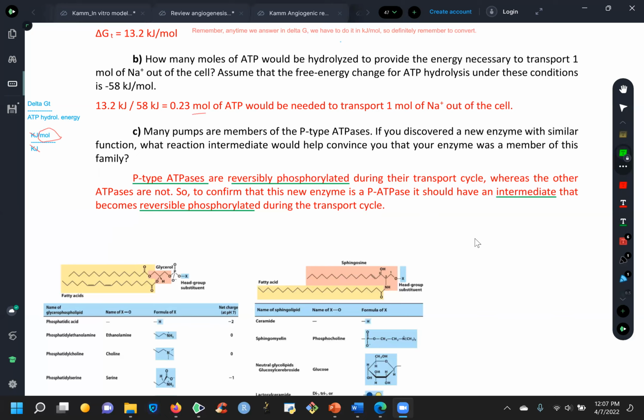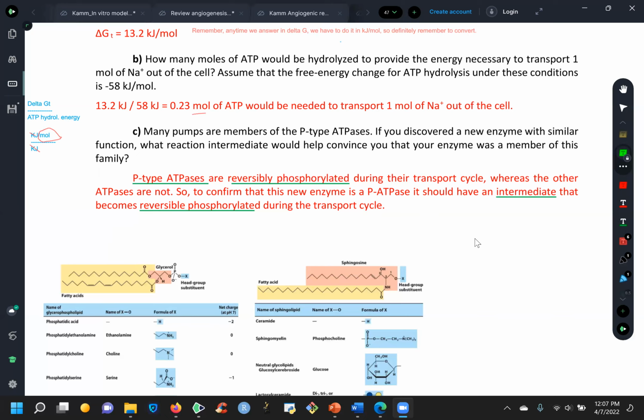So do we have enough for a mole? We do. We actually have some left over. We probably have enough for 2, 3 moles of sodium, right? What's 13.2 times 4? So you might be able to transport like 4 moles of sodium out of the cell with 1 ATP hydrolyzed.